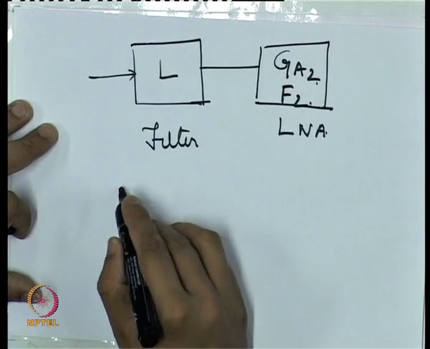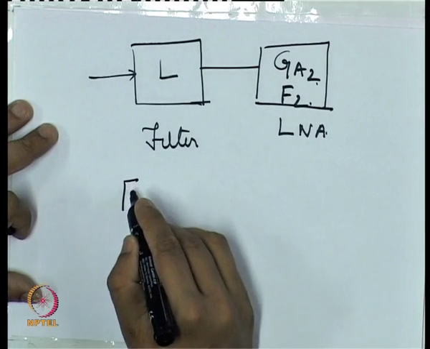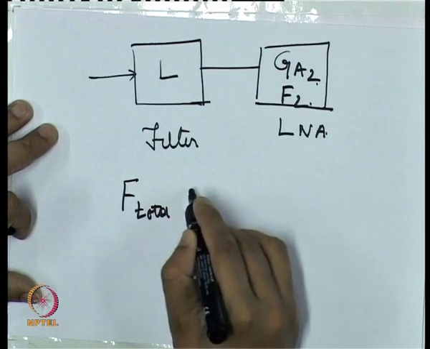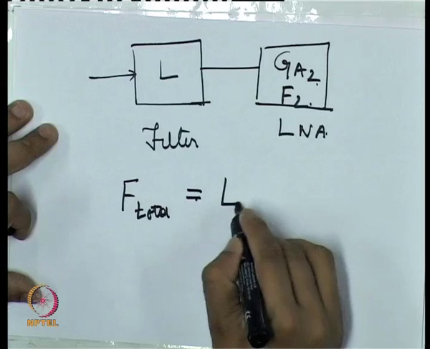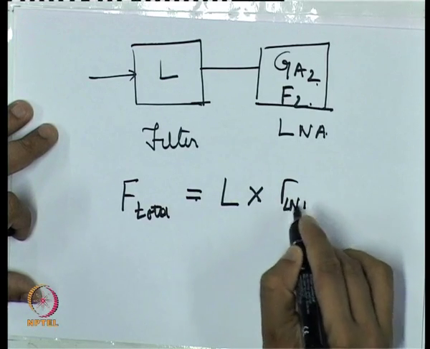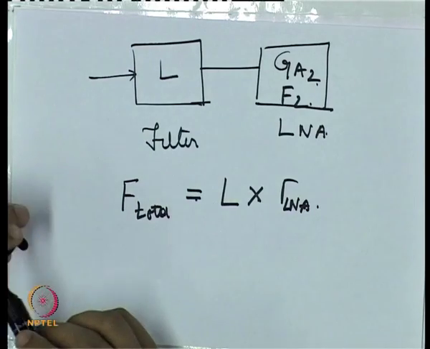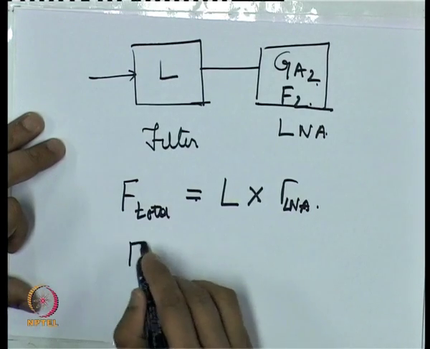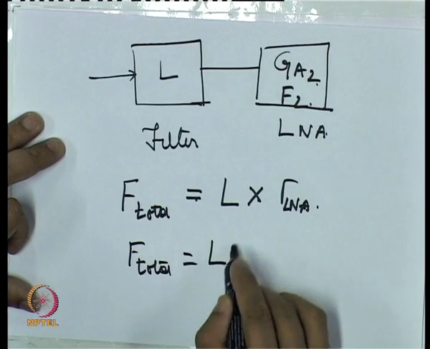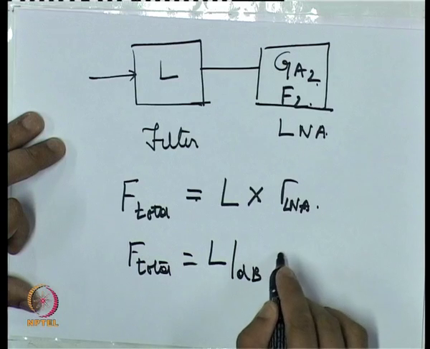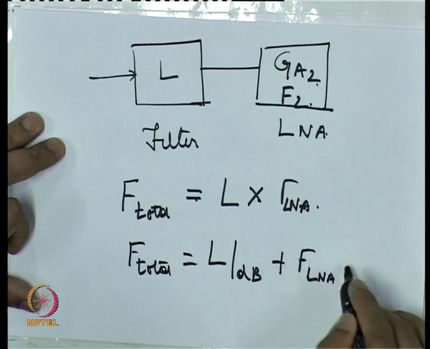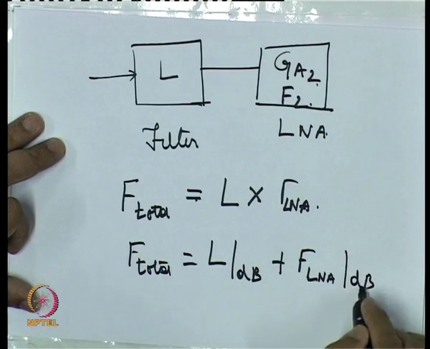And it can be shown that the total noise figure is simply L multiplied by F LNA, or in terms of dB, it is L in dB plus F LNA, that is the noise figure of the LNA in dB.